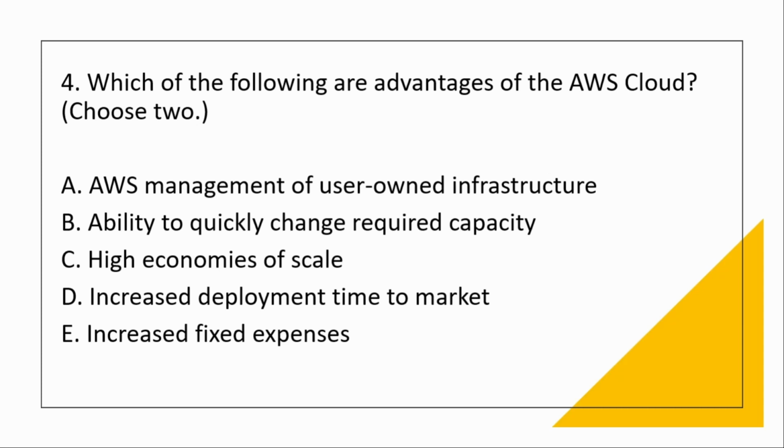Increased fixed expenses? No, it is very economical, okay, because of pay as you go pricing, and you have different models where you can select, like on demand, if I talk about compute, right? So on demand, reserved, spot instances, you can go as per your needs.